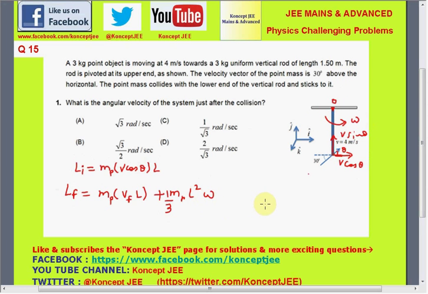Okay, so in this case there are two unknown quantities, the velocity vf and omega. There is a relation between vf and omega, which is omega L. Let's call this omega f.